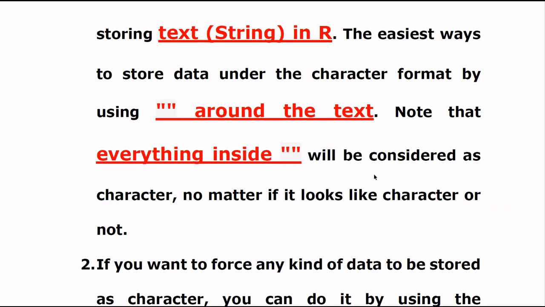Everything inside inverted commas will be considered as character, no matter whether it looks like text or numeric. If we write a numeric number in inverted commas, then R considers it as character.